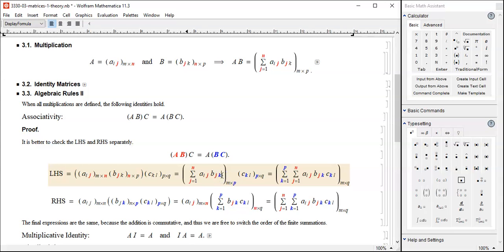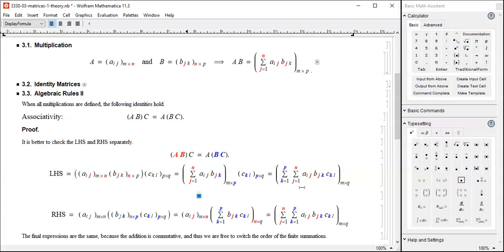And then what do you get? We get IK entry. So we have IK entry and KL entry. IK, KL. In total, we are going to get IL entry. Ith row, lth column. And then how about the size? MP, PQ. So we get a matrix of M by Q. MN and P, PQ.